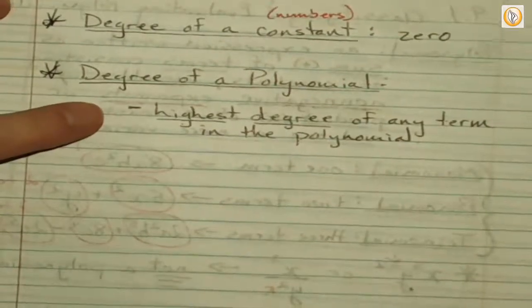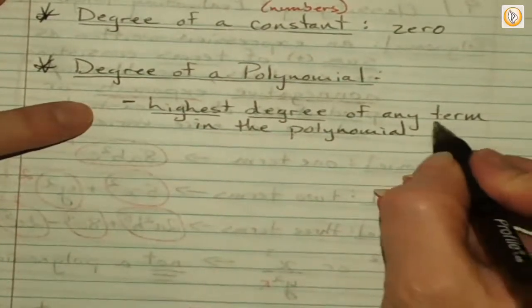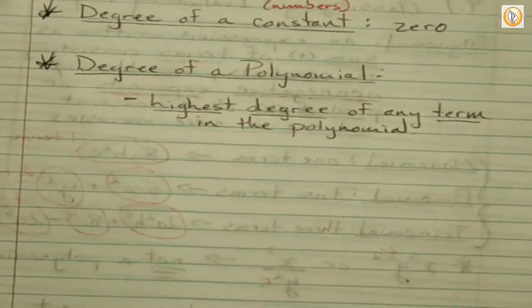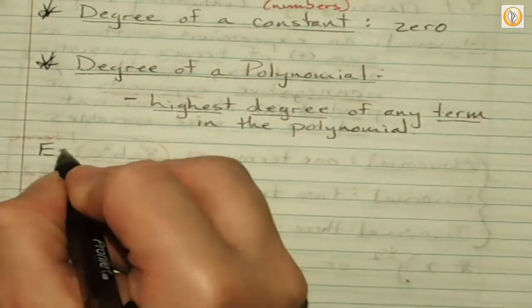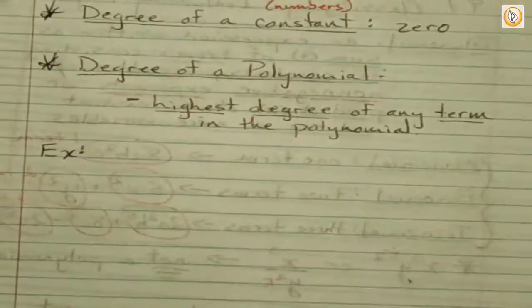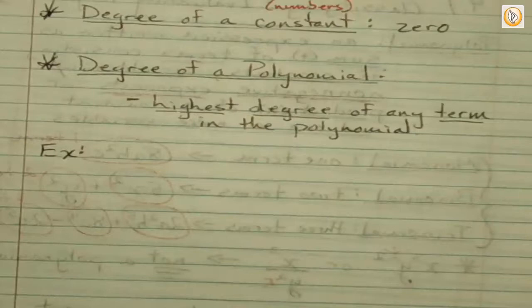The highest degree of any term in the polynomial. All right, for example, and I'll let y'all write that down first. So they say, what's the degree of a polynomial? This is how you would find it.